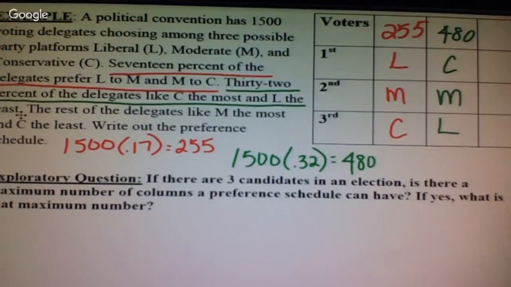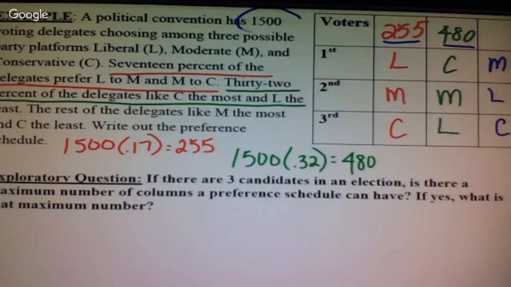Finally, the rest of the delegates like M the most and C the least. MLC. Does it give you a percentage? It does not. How do I find out that last number? You add. Yeah, you can add 480 to 255 and subtract it from 1,500. Good. We already know how many people were in this column and this column.